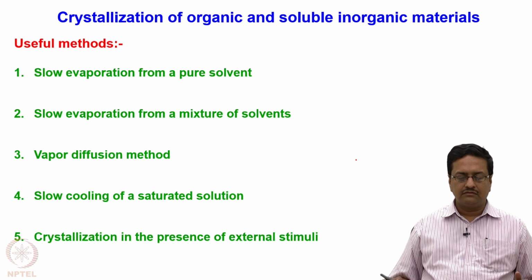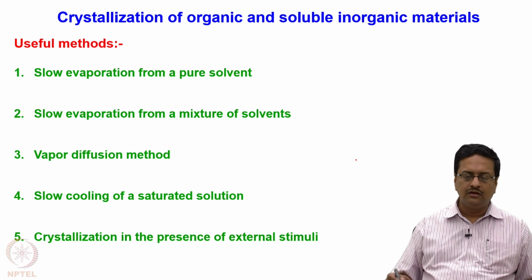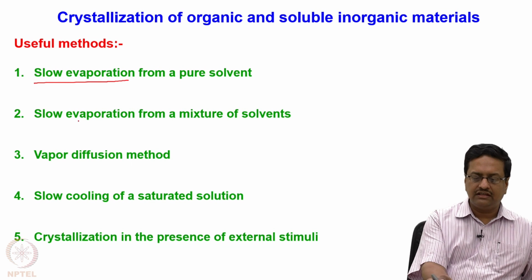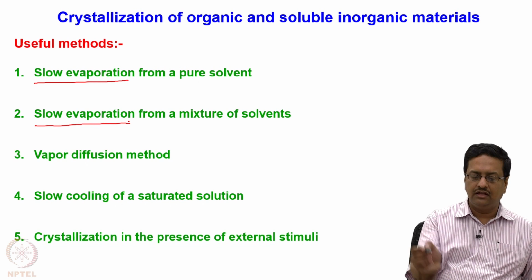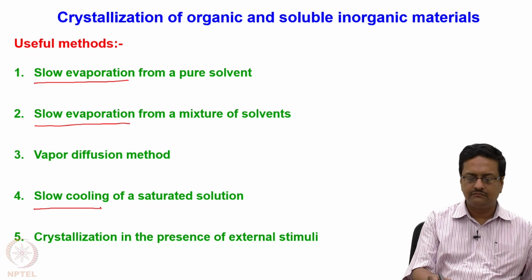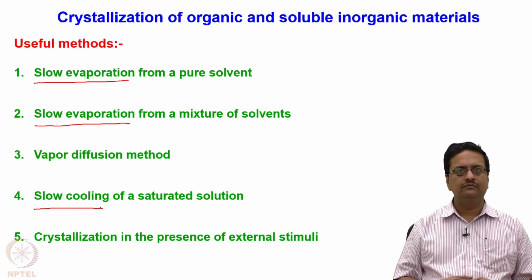Mostly there are 4 to 5 different ways one can crystallize these materials. If we see here, in all the cases we have a slow evaporation or a slow cooling. Why do we need to make the process slow?